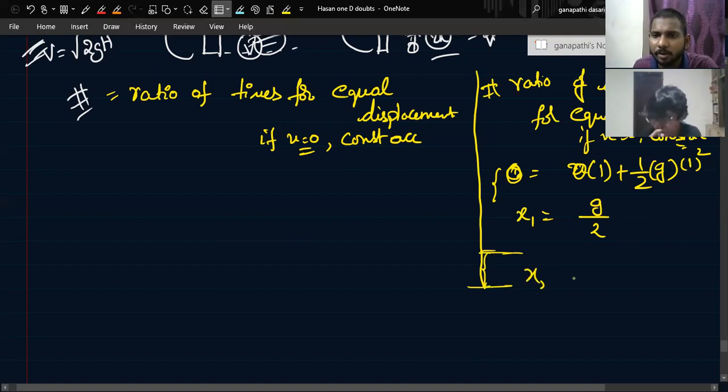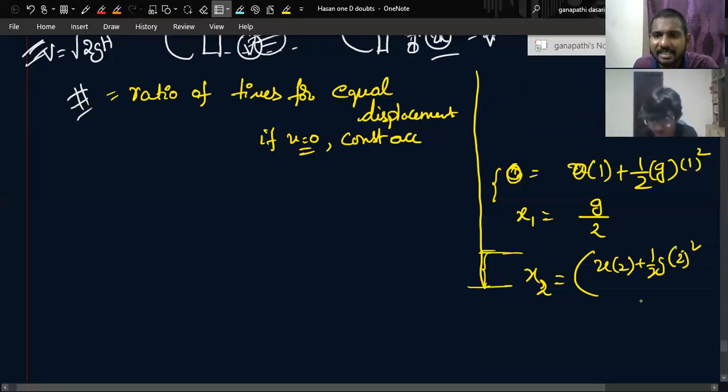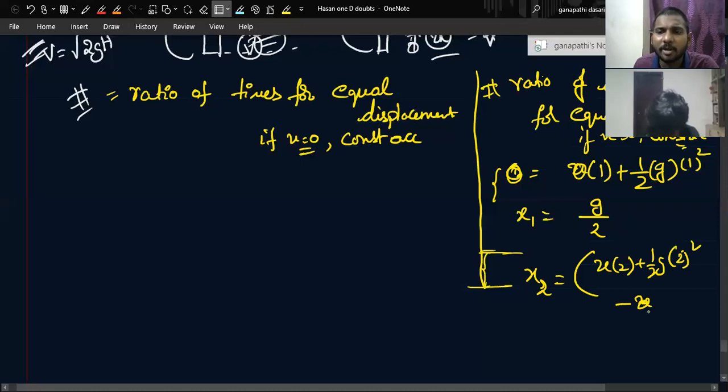For 2 seconds, it is u into 2 plus half into g into 2 square, minus g by 2. u is 0 again, so this can be cancelled.